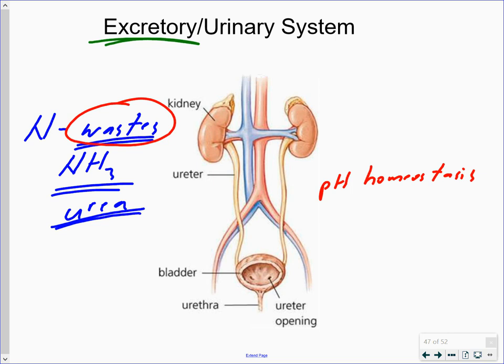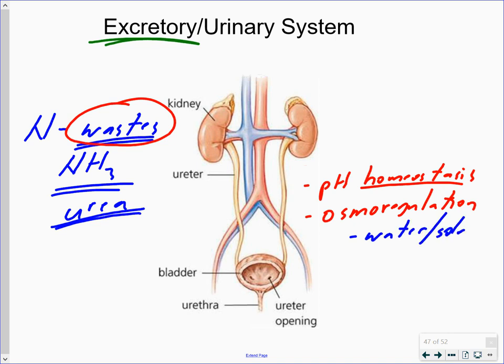That is also going to be a function of the excretory system. And another one is referred to as osmoregulation. So this again does have to do with homeostasis, only in the case of osmoregulation, what we're taking a look at is the fine balance between the amount of water in your body and the amount of solutes that we find in your body as well.